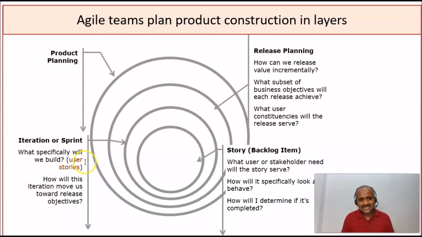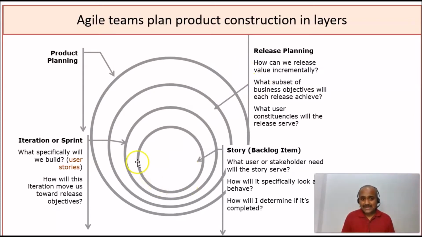Similarly, it provides inputs to sprint or iteration planning events. It talks about what specifically we build, that means what user stories we will build, and how this iteration will move us towards release objectives. Each sprint or iteration should give guidance towards release planning objectives.